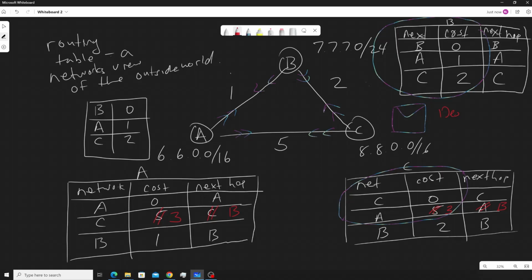And this time, instead of sending it to A, we send it to B, because we know a cheaper path. That is the benefit of Bellman-Ford, that we can operate very quickly, and then over time, we will converge. All these tables will converge into seeing the world in the shortest path possible. That is, at this point, we have the shortest path in all the tables.